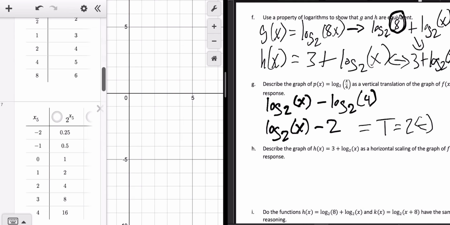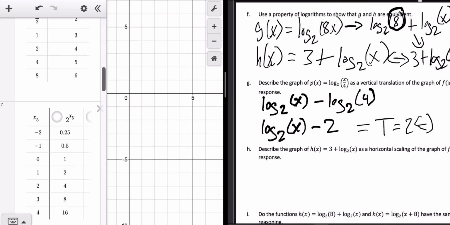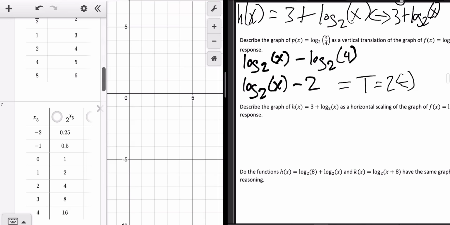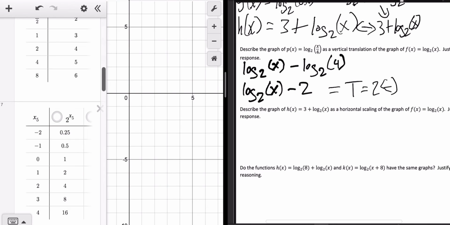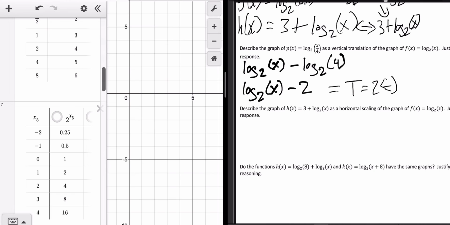All right, describe the graph of h of x plus 2 as a horizontal translation, or horizontal scaling, of the original log base 2 of x. Okay, so here we're talking about it as a translation up, right? So now we've got to take this and put it back the other way, because this looks like a translation, but it wants us to talk about it as a horizontal scaling.